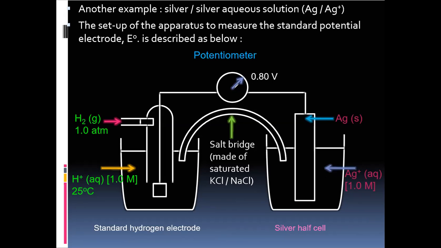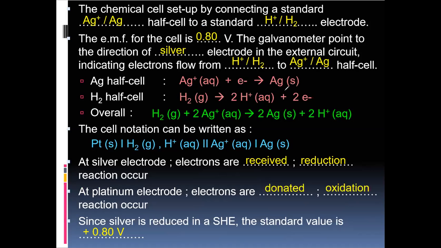But in this case, you can see the potentiometer is pointing towards what? The potentiometer is pointing towards silver, meaning the electron is actually moving from here to here. So, will oxidation be occurring here in this case? Let's see. The chemical cell set up by connecting a standard Ag+ to Ag half cell to a standard H+ to H2 electrode.